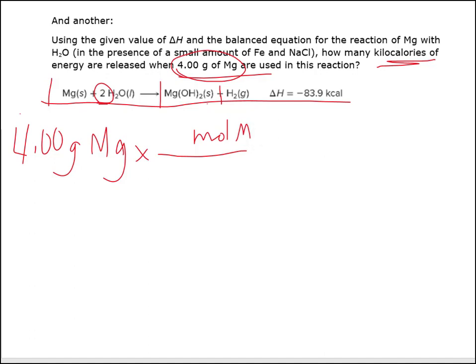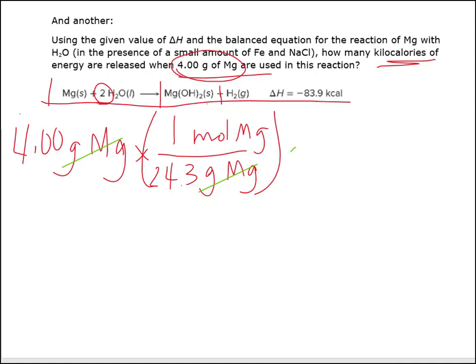What have I got? I've got grams of magnesium. And so I'm just going to look at my periodic table, and for every 1 mole of magnesium, there is 24.3 grams of magnesium. Okay, so that'll get us to my grams and grams. So now I'm at moles of magnesium.